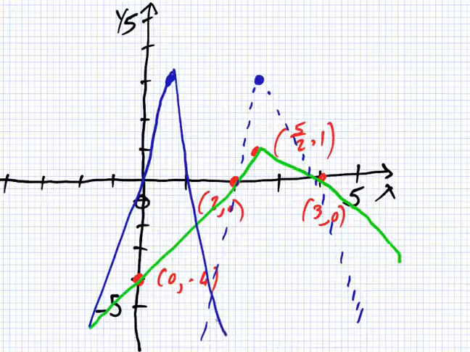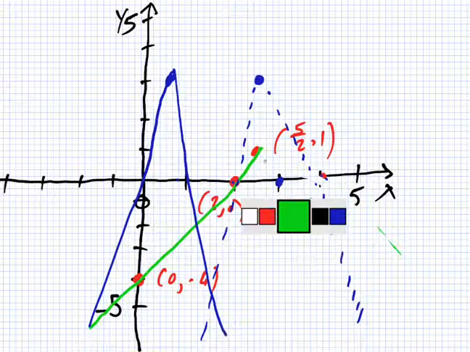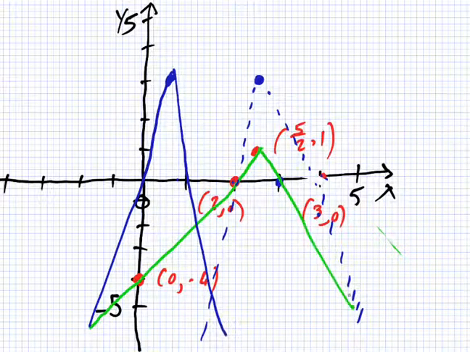Oh, I see the problem here. When I drew my green graph, I put this at 3, but that's actually 4. Ugh. Alright, I lied when I said I get full marks earlier. I should have drawn my 3 through a 3 and not through a 4. I had it too far to the right here.